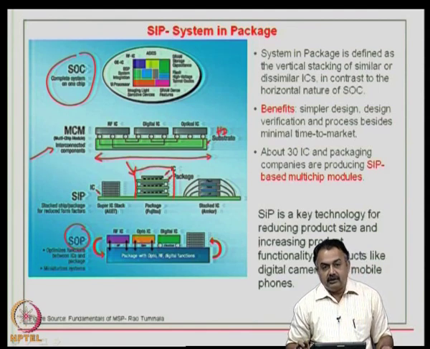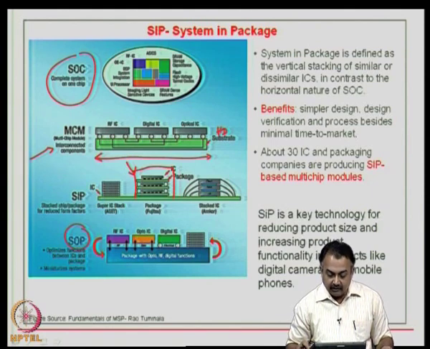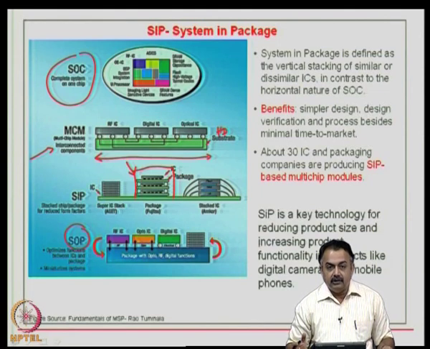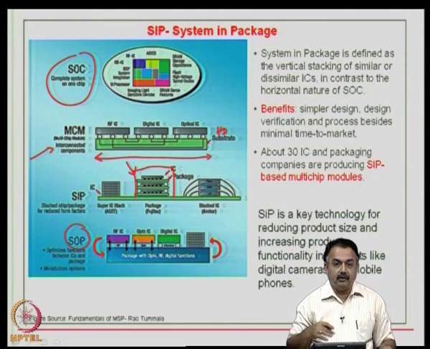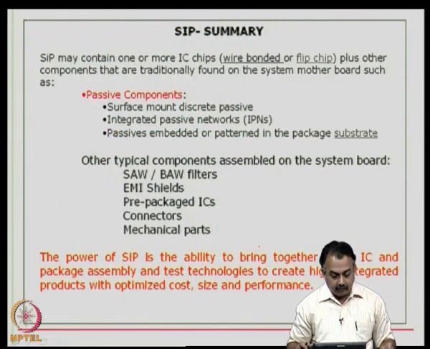So, system in package is a very specialized fabrication activity that is practiced by about 30 to 40 companies globally, and they produce system in package based on your requirement. So, the summary of system in package is that you can use active components, you can use passive components along with the active devices.